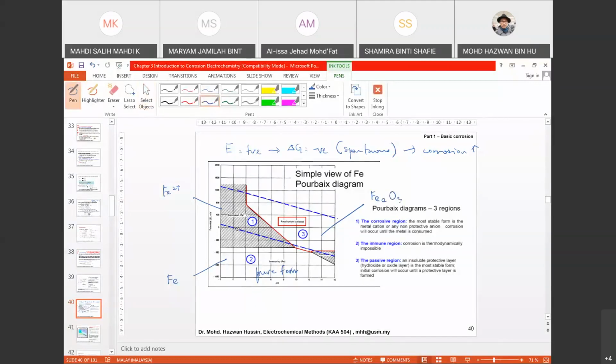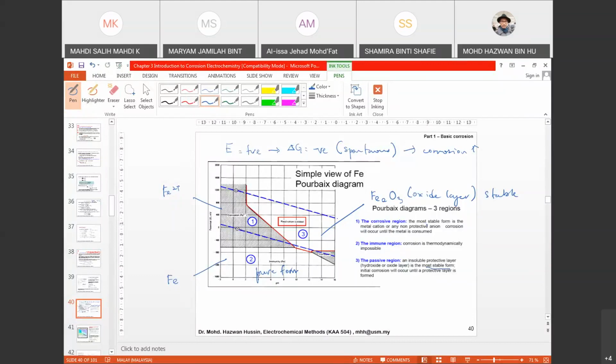It means that in the passive region, the oxide layer has already formed. So when you have an oxide layer, the surface has now become stable. That is why over here it is the most stable form. So when you have a stable form, this means that corrosion has already occurred and is forming the oxide layer.